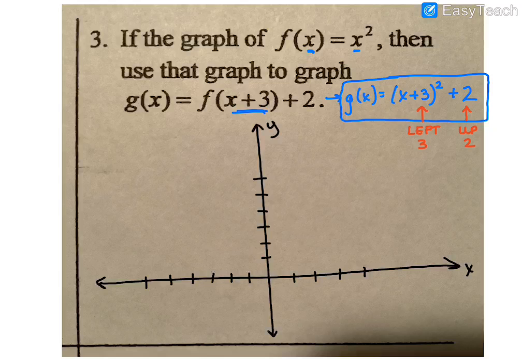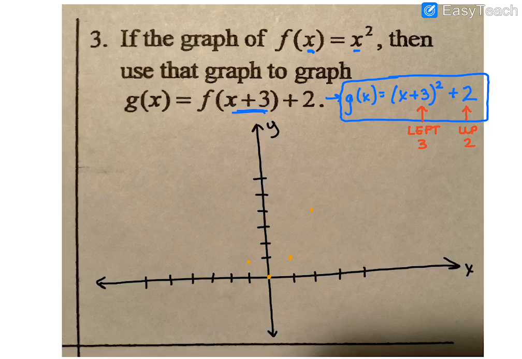If it is helpful to you, you might start by putting in just your basic y equals x squared graph. And if you remember the basic y equals x squared graph, it goes through the points 0, 0, 1, 1, and 2, 4.